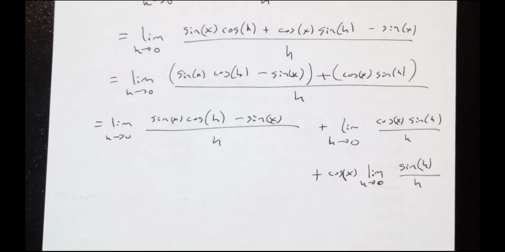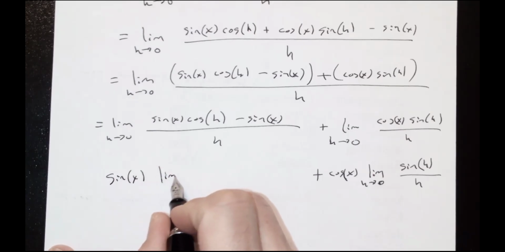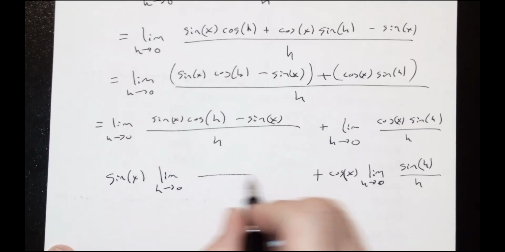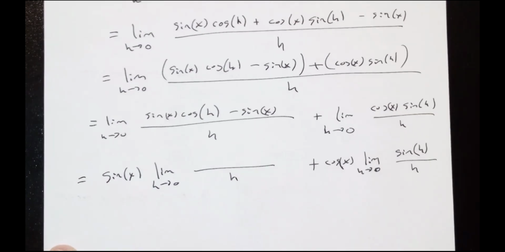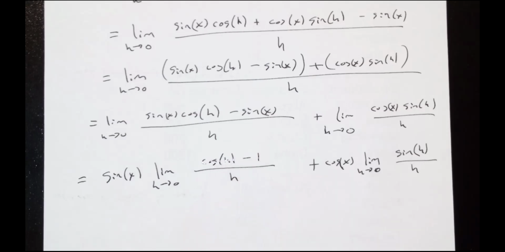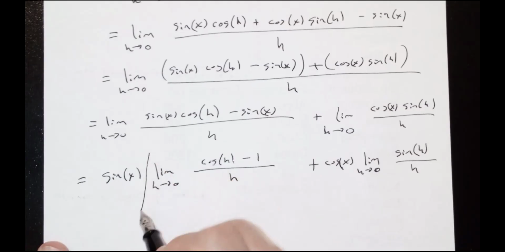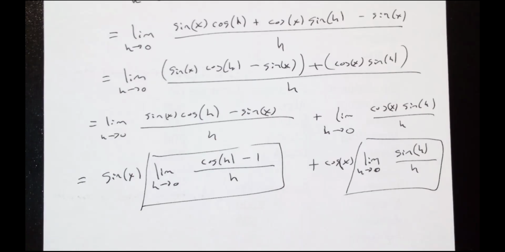Now I just need to know what happens with those. If I pull out the sine of x, what's left on top? Cosine of h minus 1. Great. So now I need to answer the question, what's in the box?